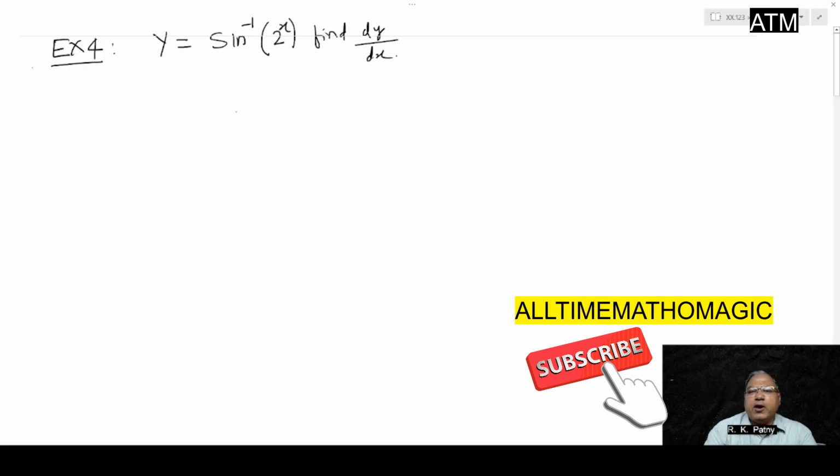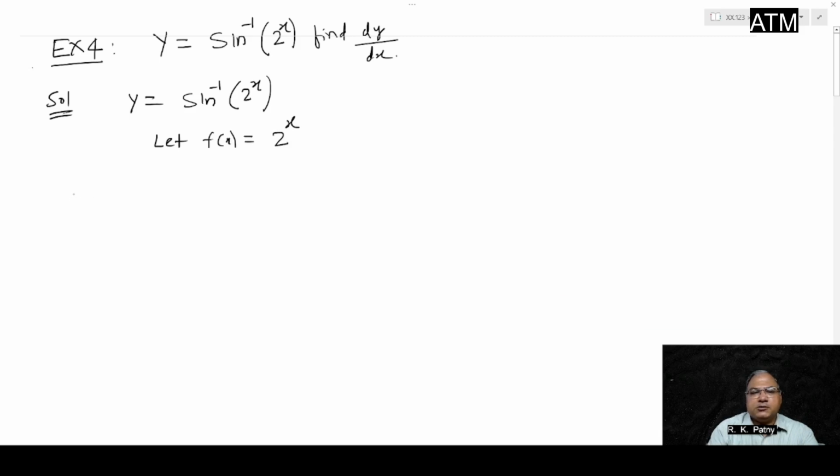Next example, y equals to sine inverse of 2 raised to x, find dy by dx. Solution, y equals to sine inverse of 2 raised to x, and let f of x equals to 2 raised to x.